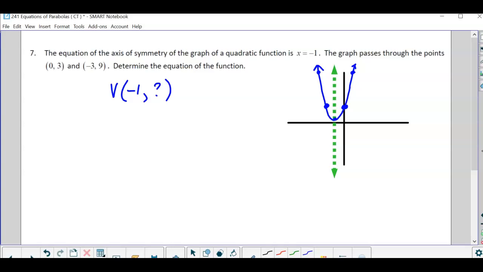From the vertex, 1 unit over is however many units up. We're not sure. This point here would be (+1, 9). This was at -1 here. And this point would be (-2, 3). And we know this is (-3, 9).